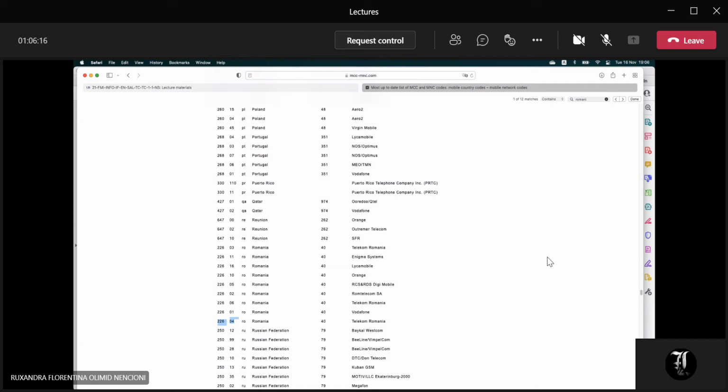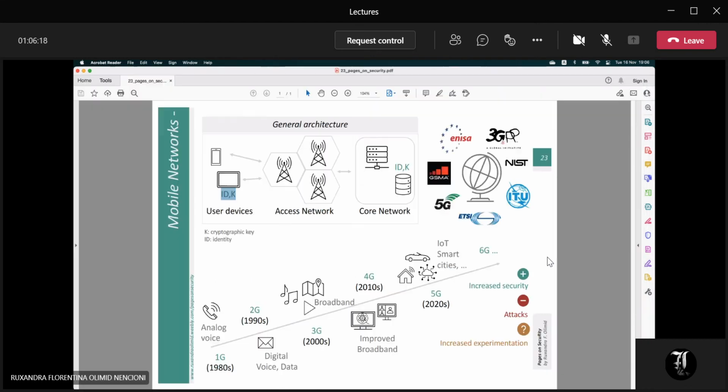How is this working? All the towers are transmitting, like we had the beacons in the Wi-Fi, saying, "Hey, I'm the access point here. This is what I can do. These are my capabilities. If you want to connect to me, you should know I'm here." These are broadcast messages that are sent from time to time.